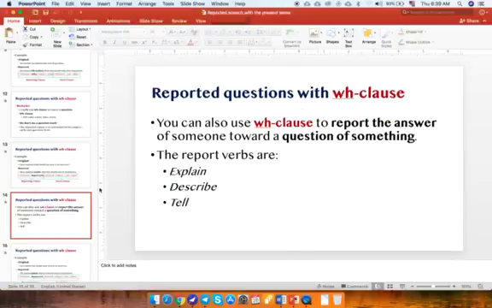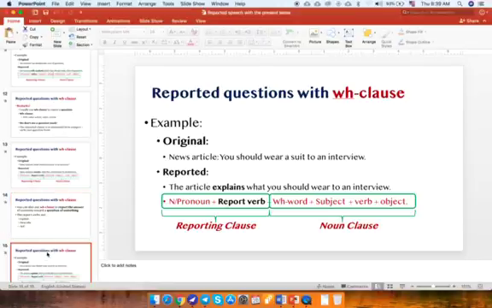So we have mentioned already that you can use the WH clause to report the answer of someone toward a question. So to report that answer, to reflect back to that answer, and you want to use the reporting question with the WH clause, you have to think about what would be the question so that the answer will appear this way.